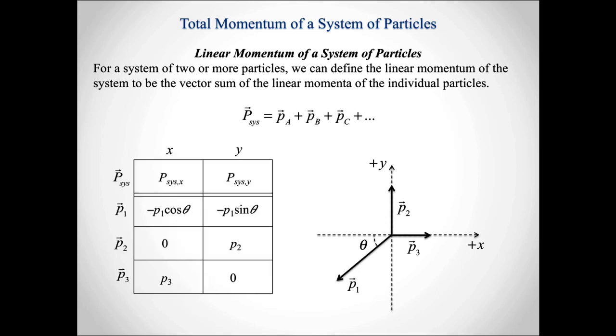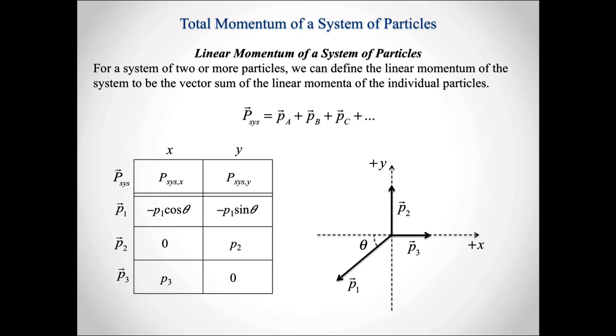Well, I know how to break vectors up into their components to do the addition. So again, I'll have an x and y component for the momentum of my system, and that's just going to be adding together the x components in one equation and the y components in another of each of the individual particles. And so I can take those 3 vectors and break them up.